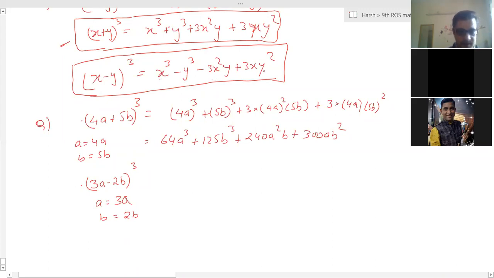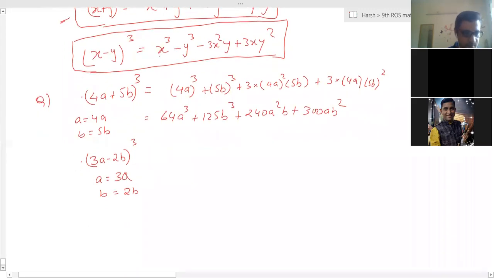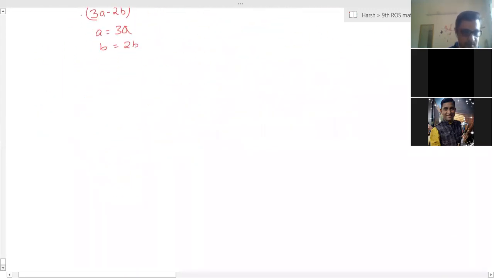Now the question comes as (2x minus 5y) the whole cube minus (2x plus 5y) the whole cube.